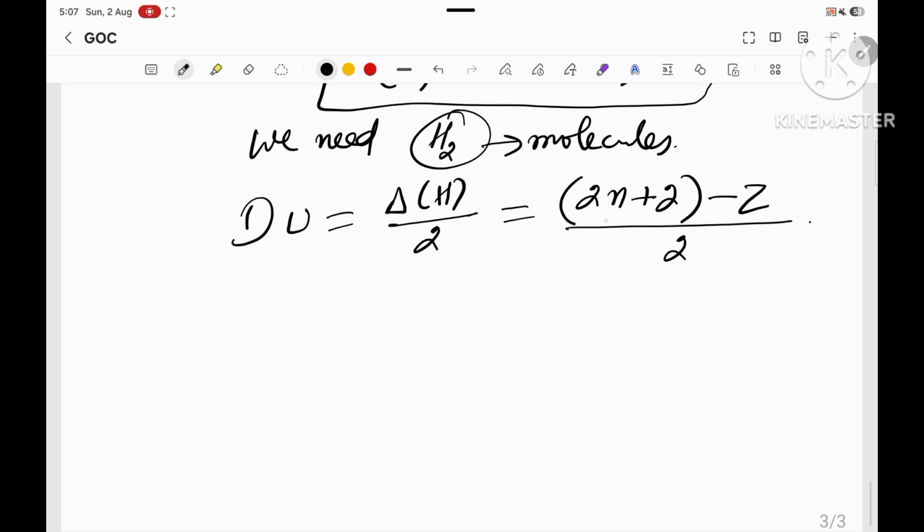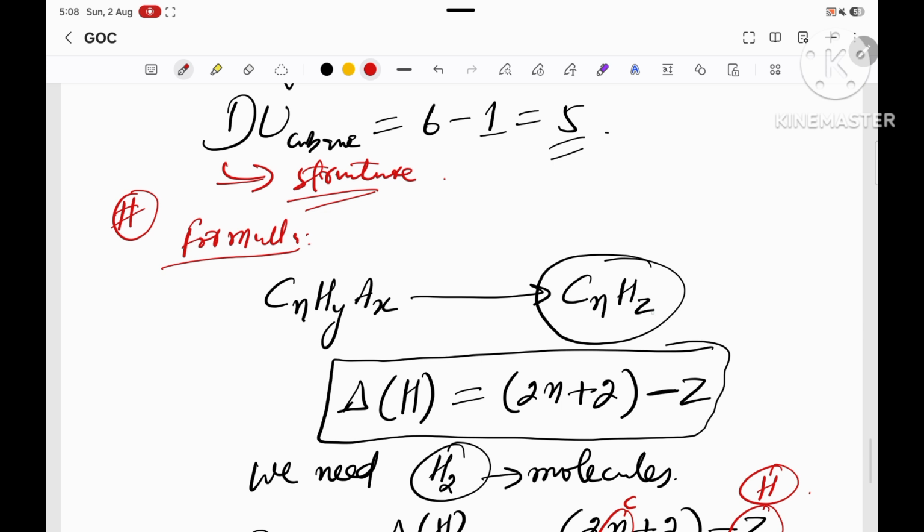So you know this n is the number of carbon atoms, and z is the number of hydrogen atoms which was present here.